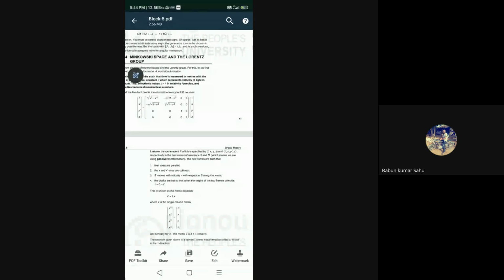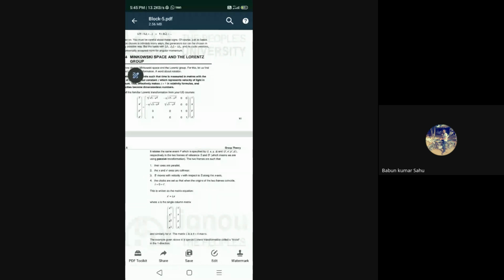we are using passive transformation. That is, the coordinate system is only changed. The two frames are such that their axes are parallel, x and x dash are collinear, and S dash moves with velocity v with respect to S along the x-axis. And the clocks are set so that when the origins of the two frames coincide, t is equal to 0 is equal to t dash.